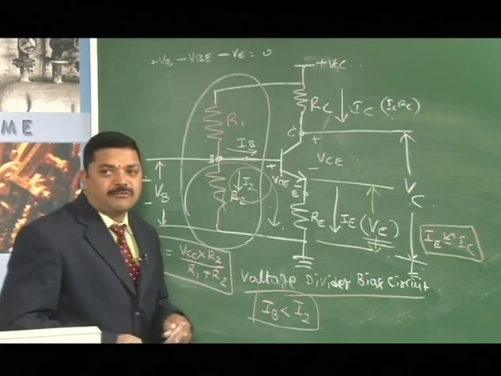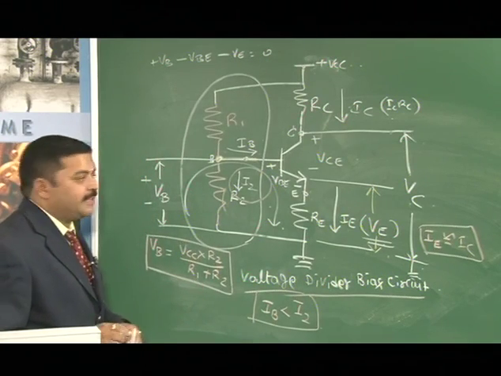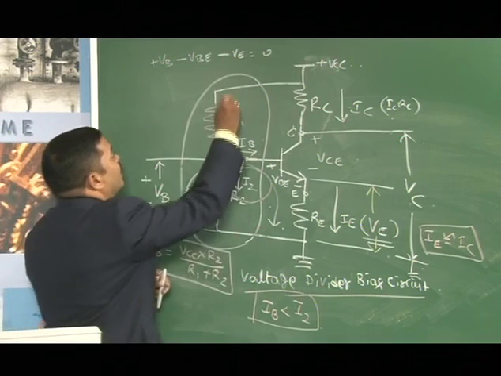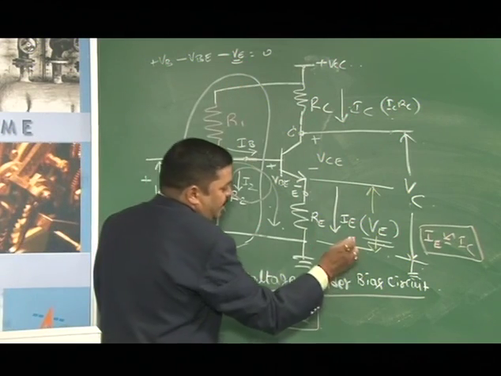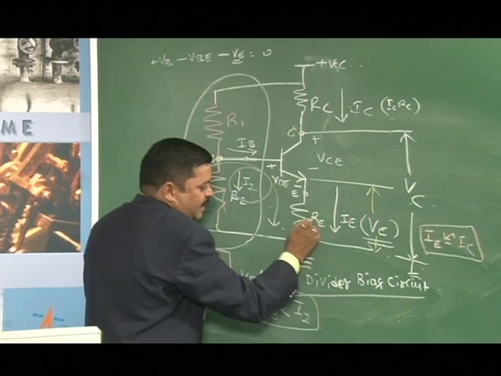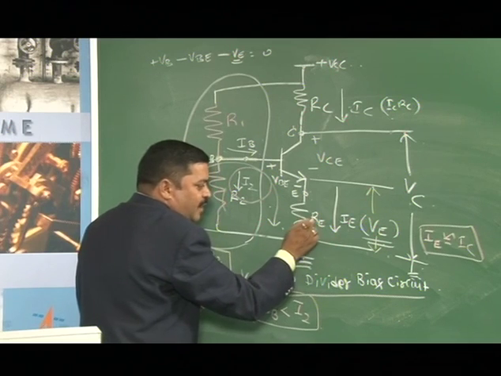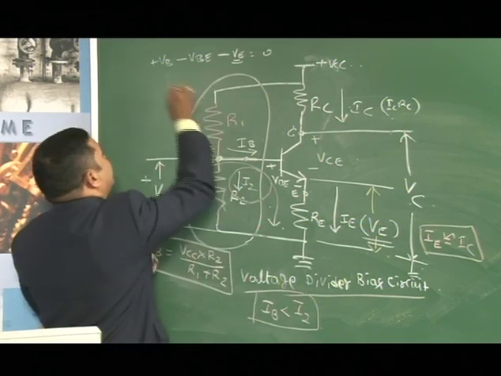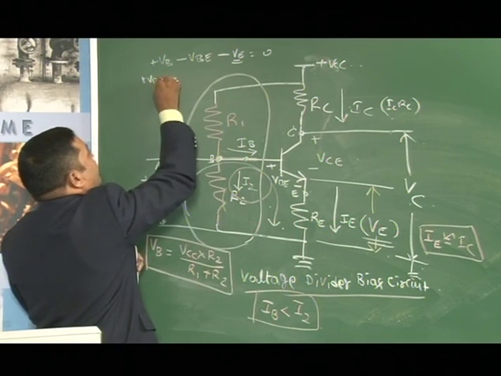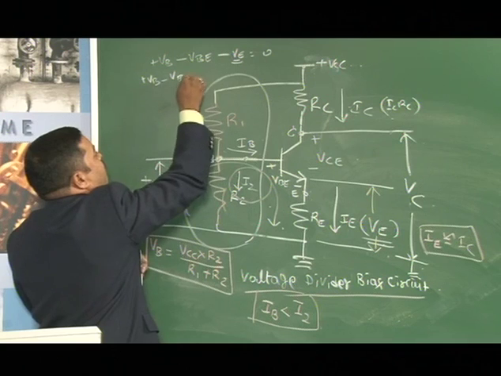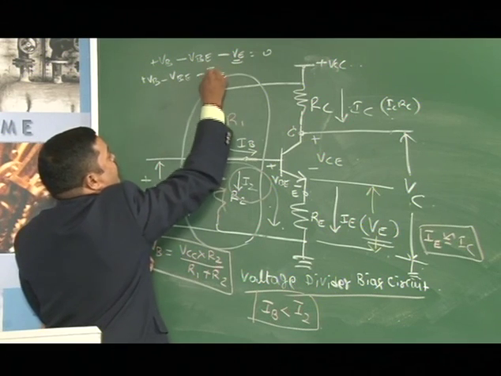The algebraic sum of voltages in a closed loop is 0, that is KVL. So, what is VE? IE is flowing through RE and RE is there. So, RE into IE is VE, therefore, VB minus VBE minus IE into RE equals 0.